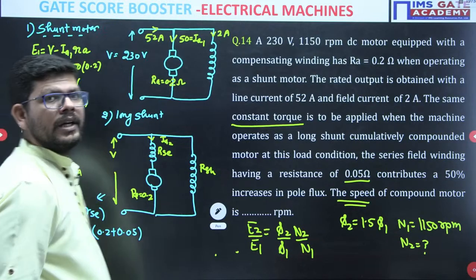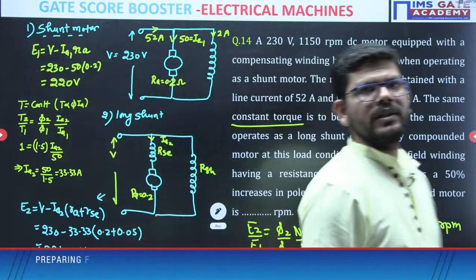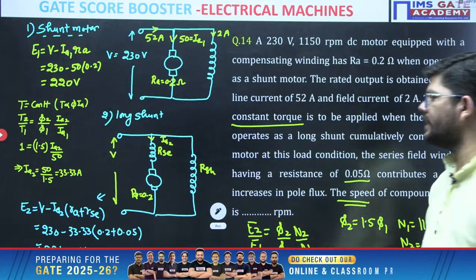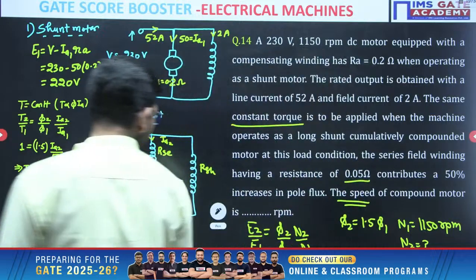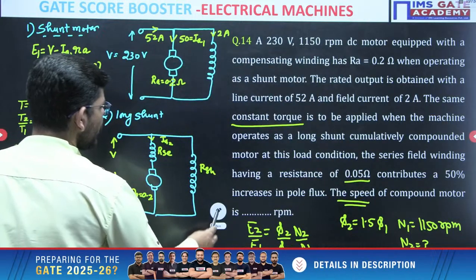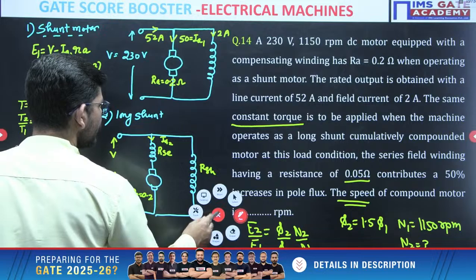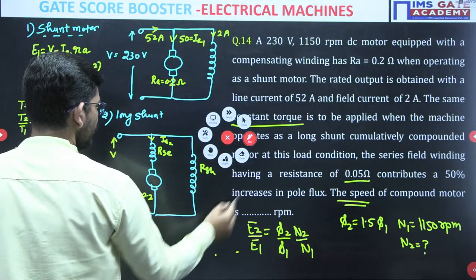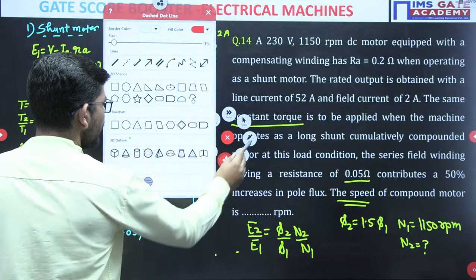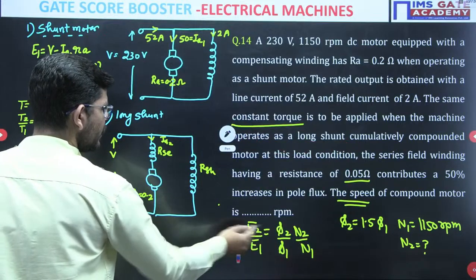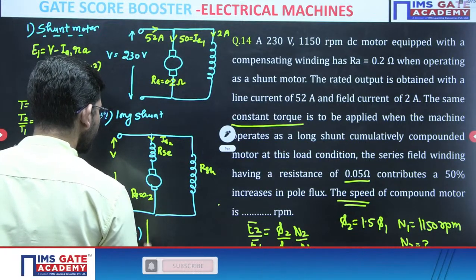Now E2 and E1 are known to us. From this formula, if we calculate the value of N2, then what are we going to get?